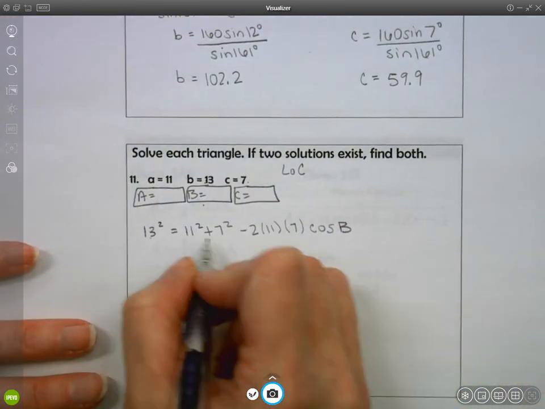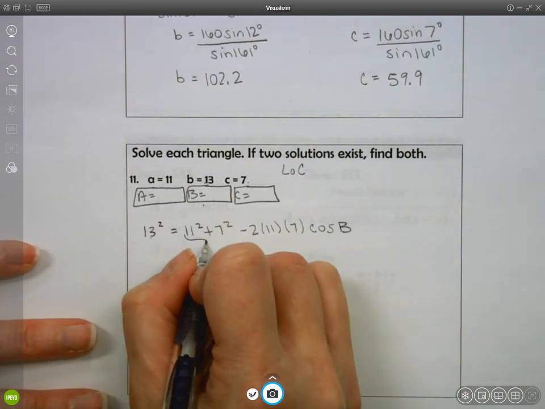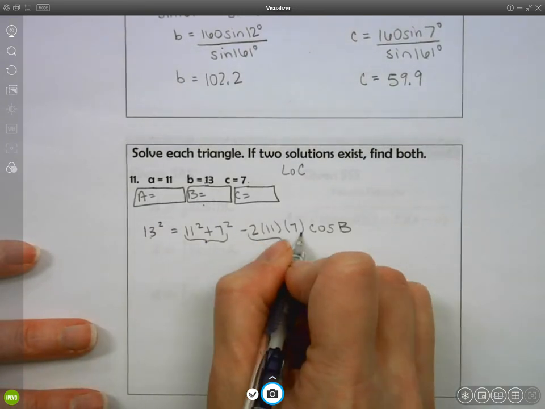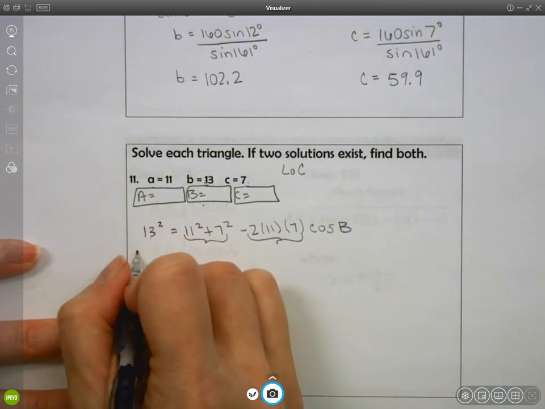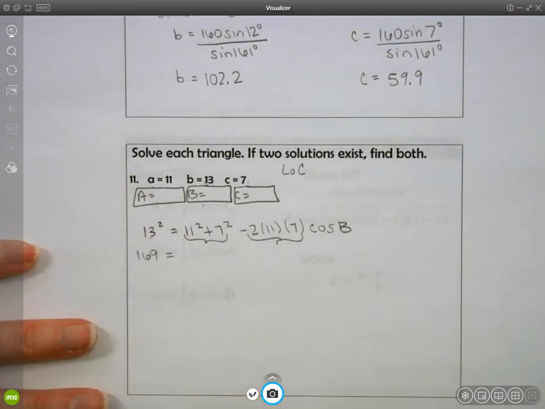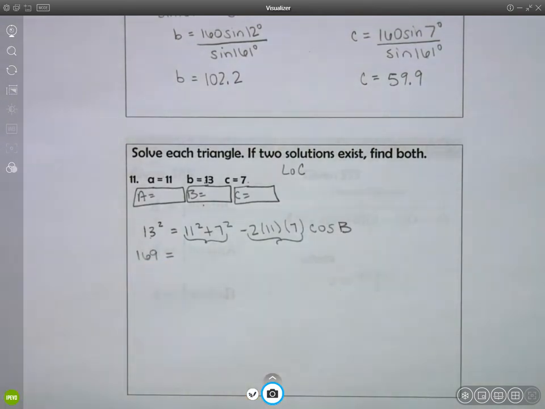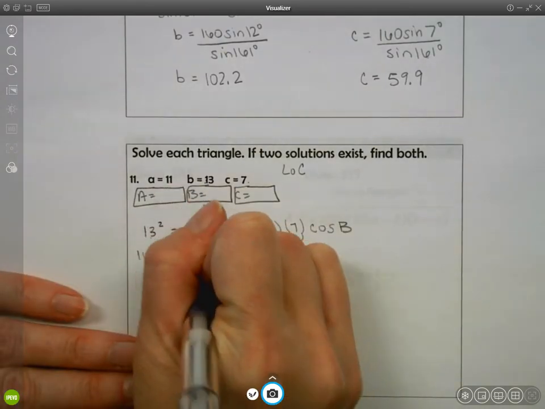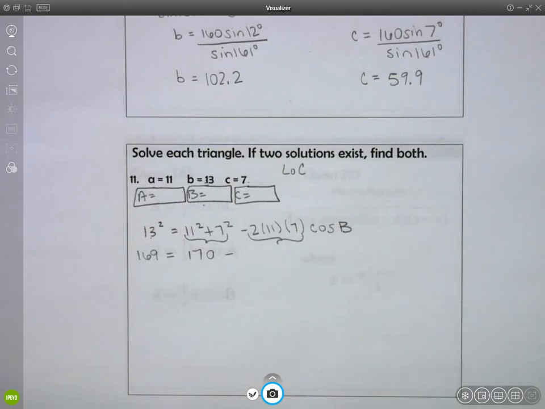All right, when you're solving for an angle, you have to do a little bit of cleanup. So 13 squared is 169. 11 squared plus 7 squared is 170. And 2 times 11 times 7 is 154.